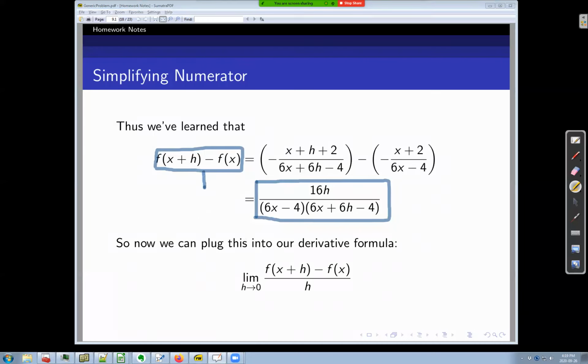Our derivative formula says that we need to have f of x plus h minus f of x there. But f of x plus h minus f of x is the same thing as this. So what I'm going to do in the next slide is take this fraction and put it right in this spot.